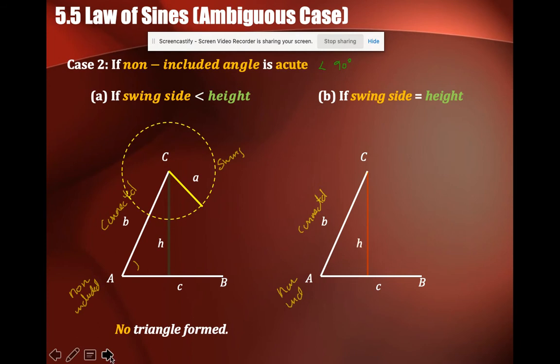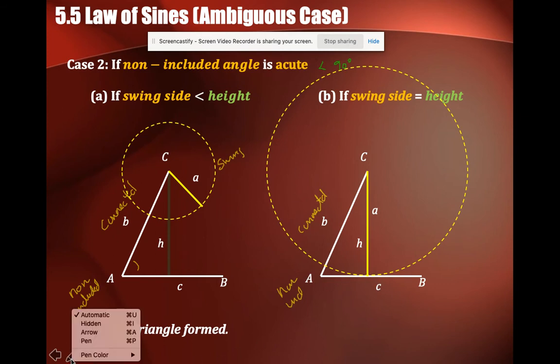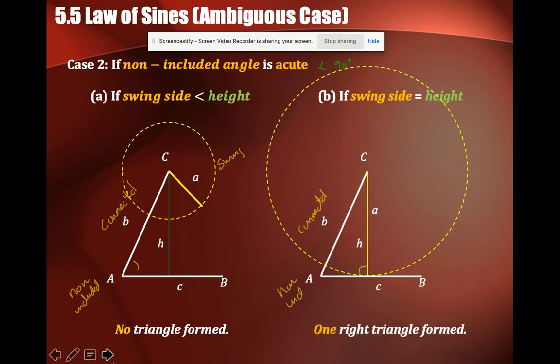Well, what kind of triangle do I have then? When you swing this radius all the way around, how many times is it going to hit the circle? It's only going to hit it once, and at what kind of angle, by the way? One right triangle formed.